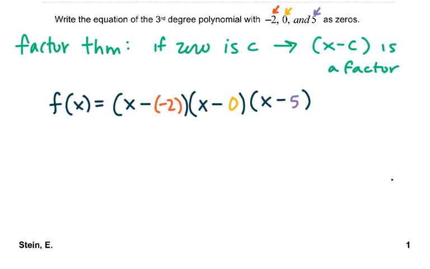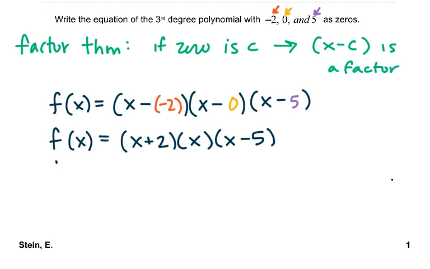Okay, so using my factor theorem, I'm able to write this out, and this represents a possible polynomial function that would have these zeros. I can simplify this. That becomes x plus 2 times x minus 5.